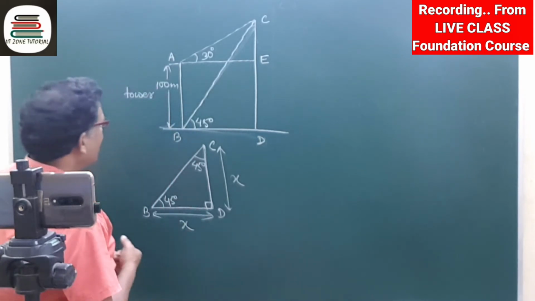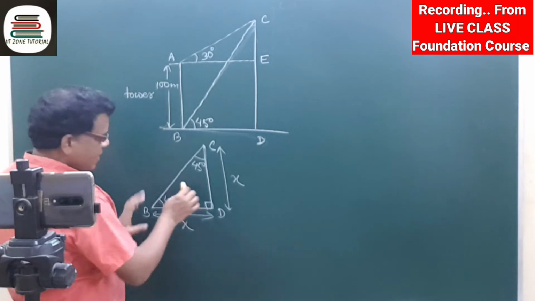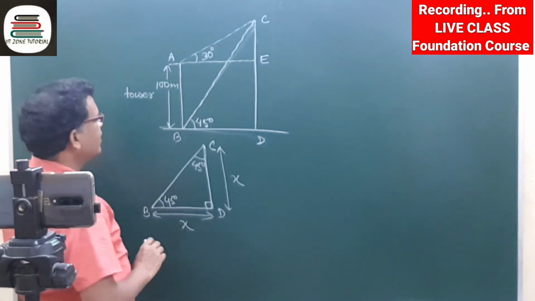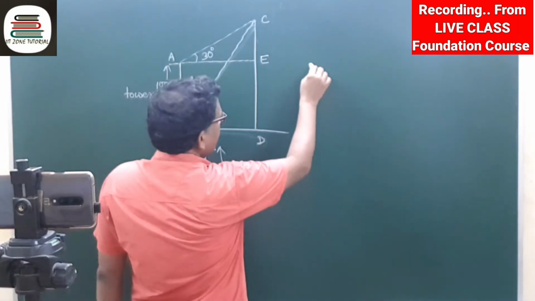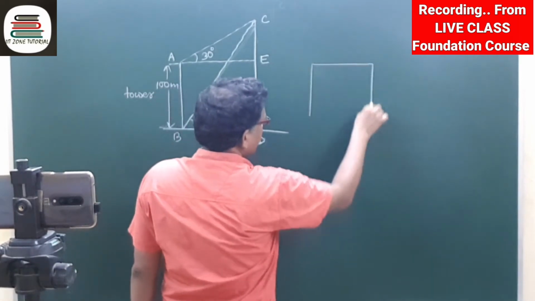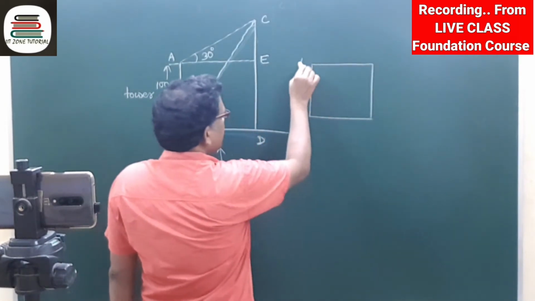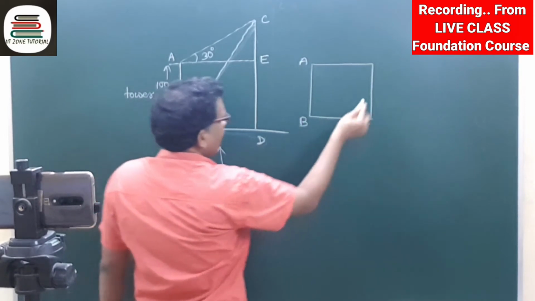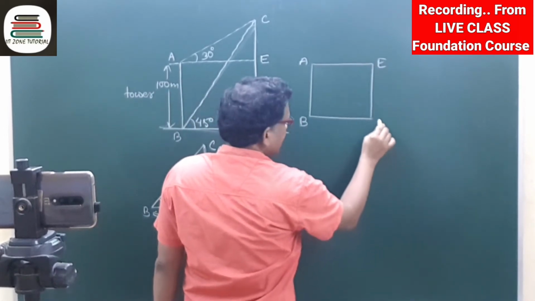Okay. So now see that this is one part of our argument. The second part is, from this geometrical section, this was AB and this is ED, right?